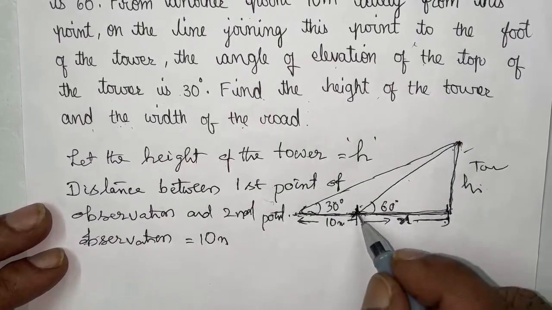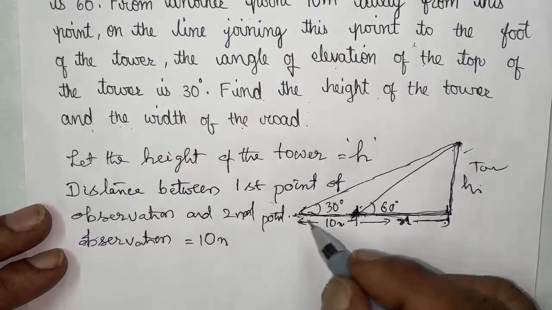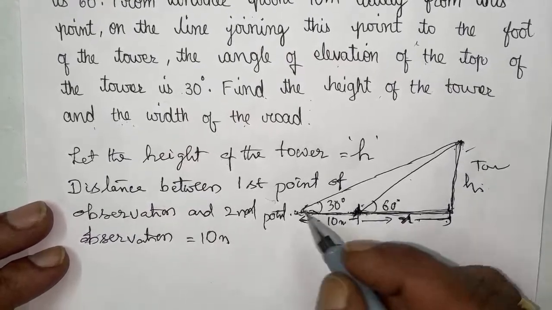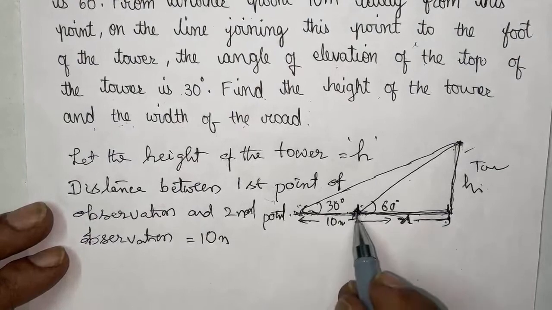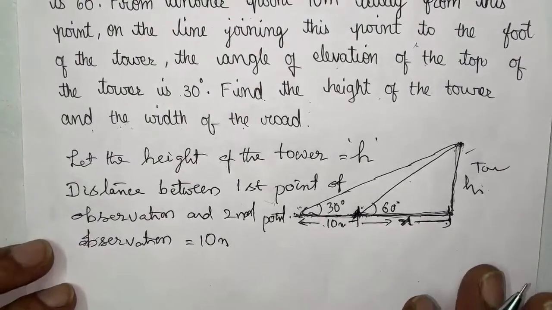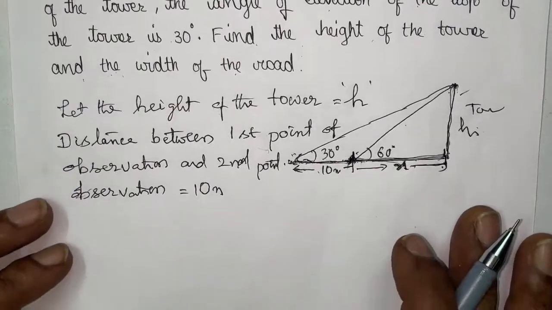That means the first point of observation is at 60 degrees, the second point of observation is at 30 degrees, so between these two points the distance is 10 meters. That is very, very important to know.